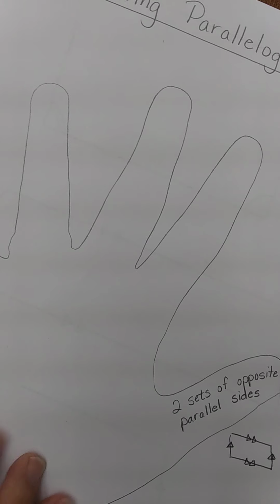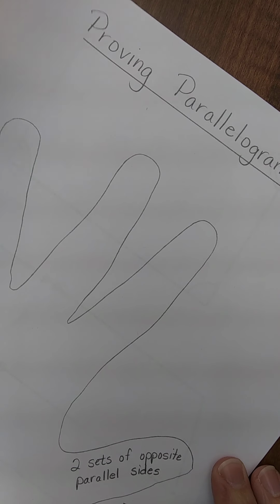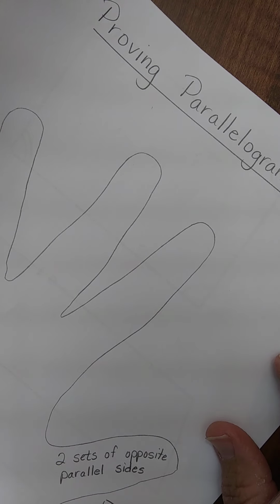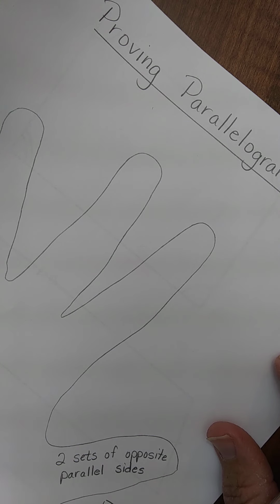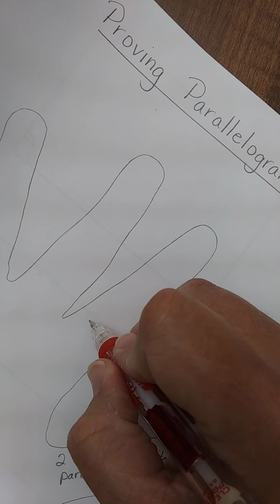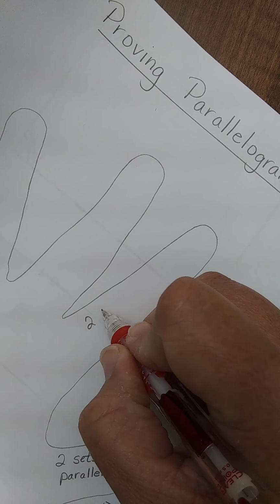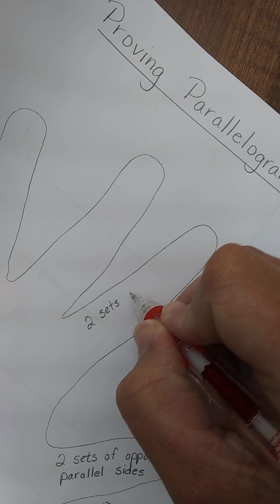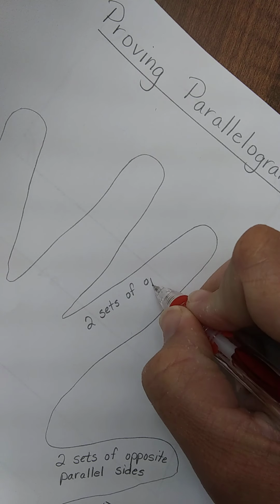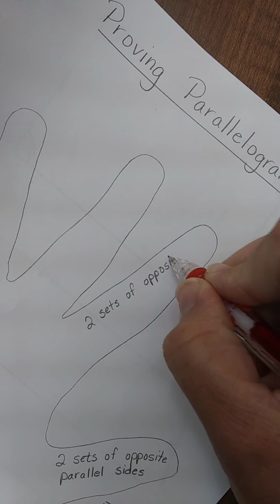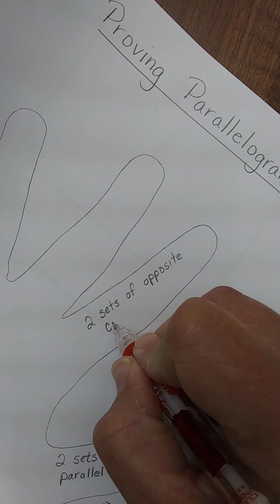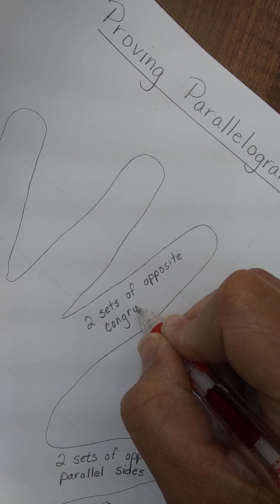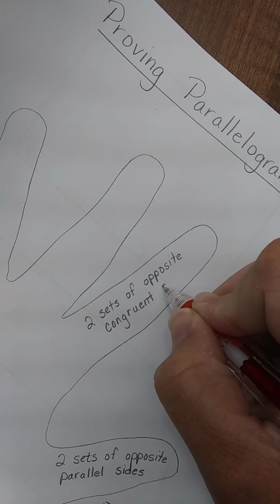All right, then your first 2 fingers, because these are the top 2 that people tend to remember, it will be a parallelogram if you have 2 sets of opposite congruent sides.